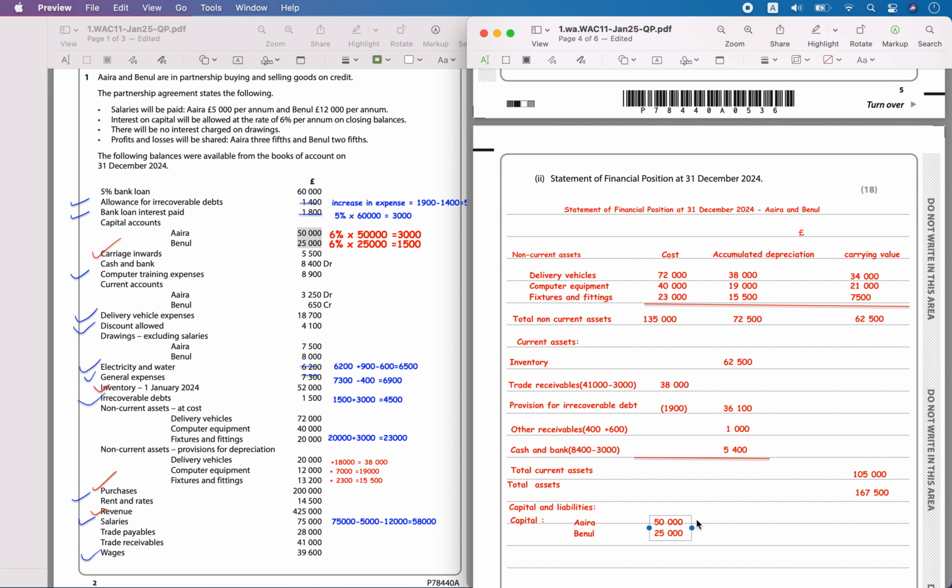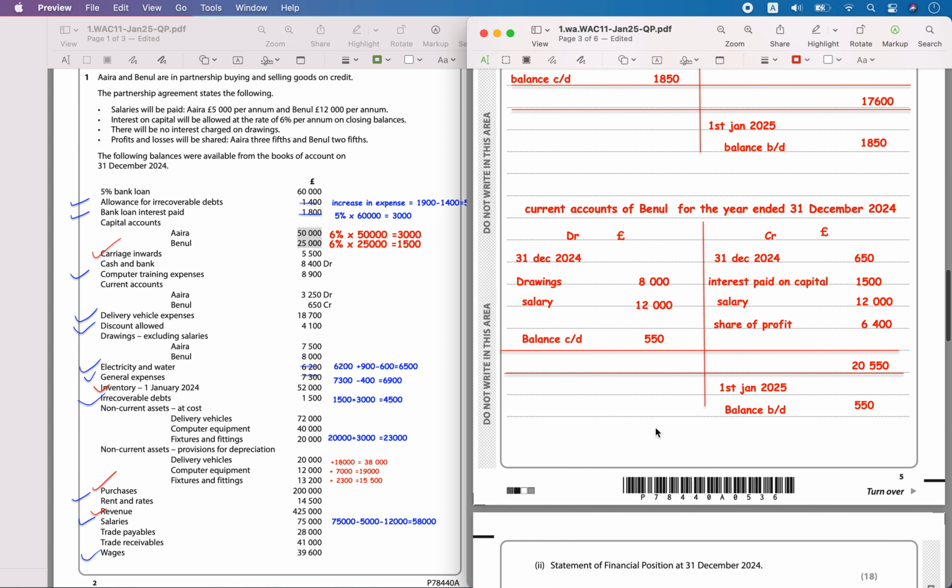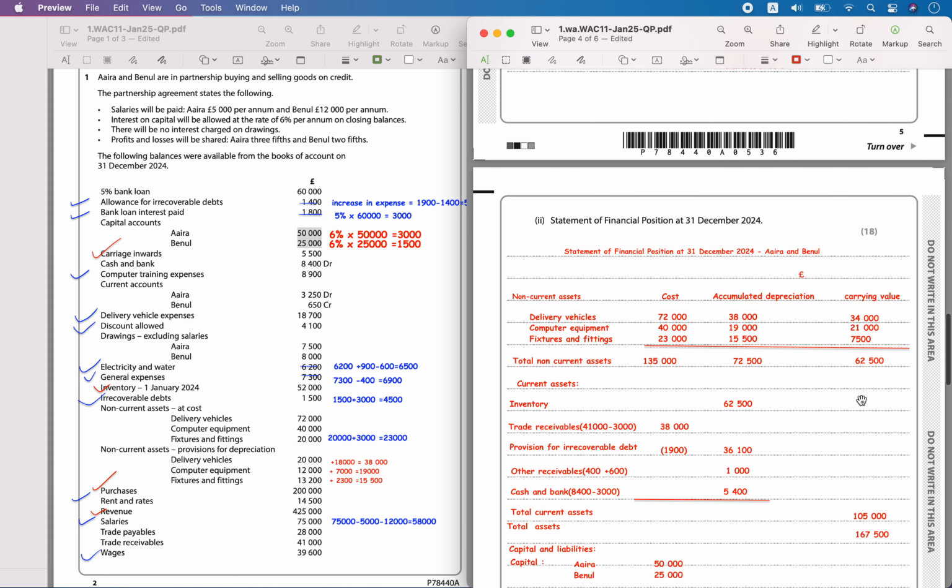And then you have the current account ending balances we have to take. The current account ending balances were 1850 and 550.